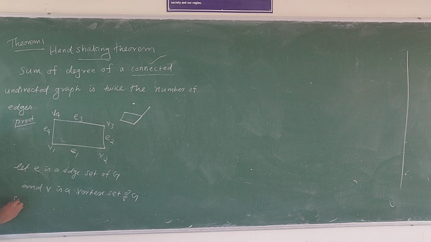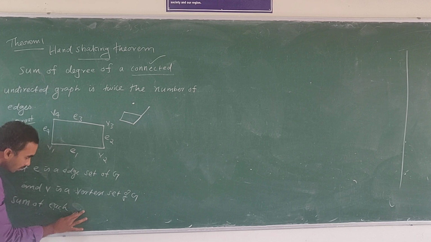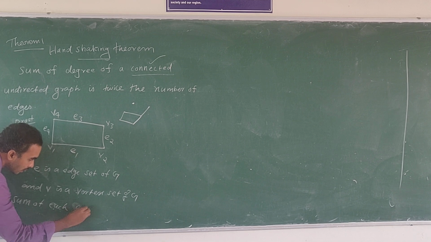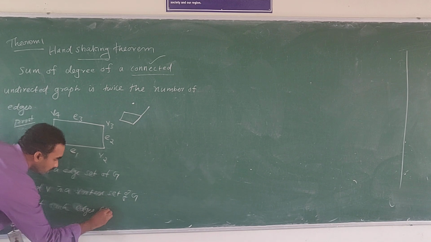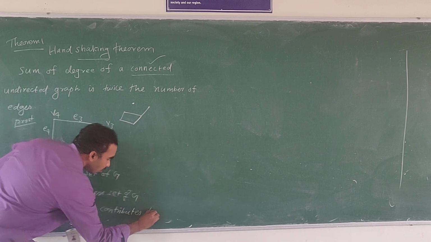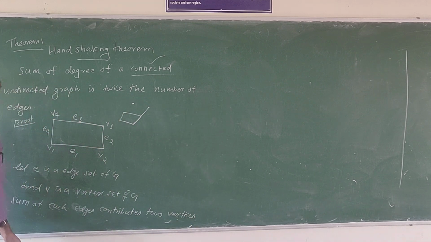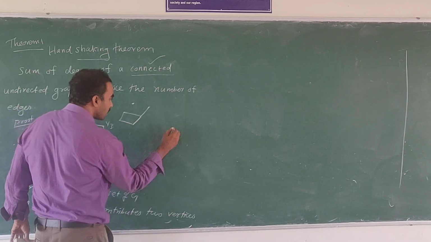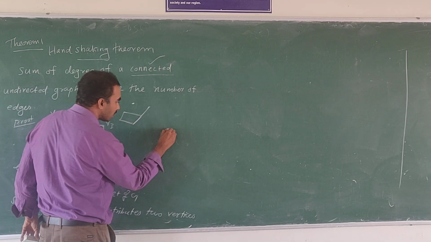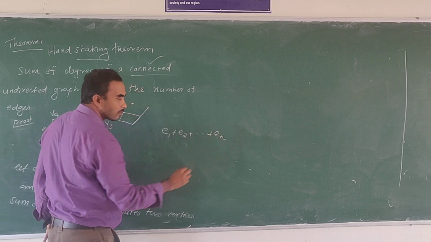So each edge contributes 2 vertices. So in general we can write the sum of the edges E1 plus E2 plus etc. En.